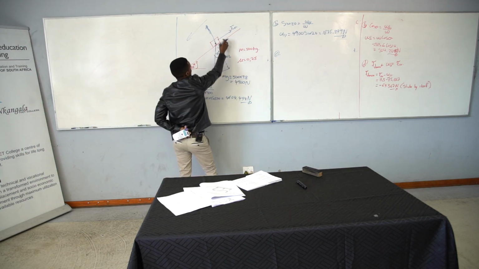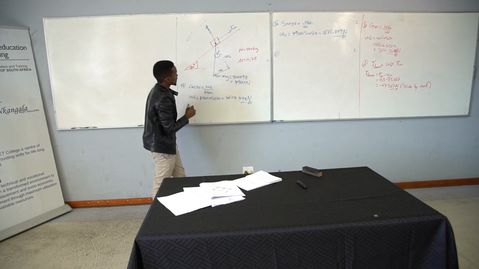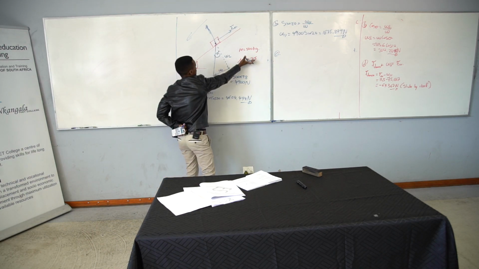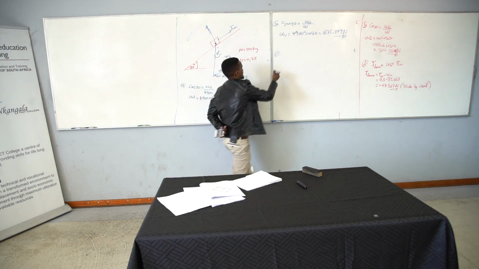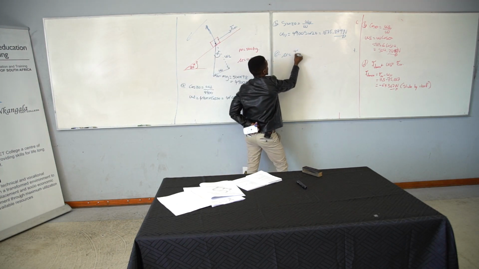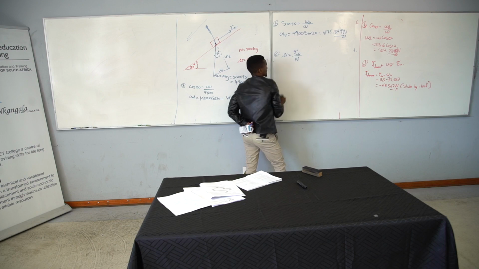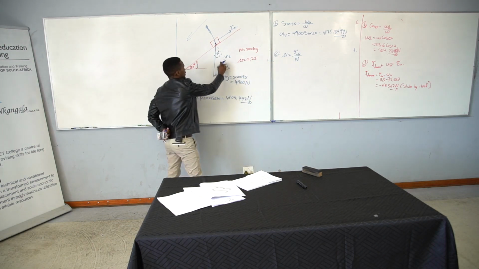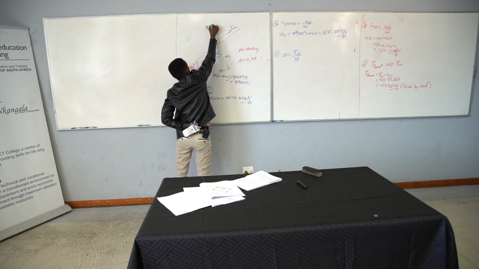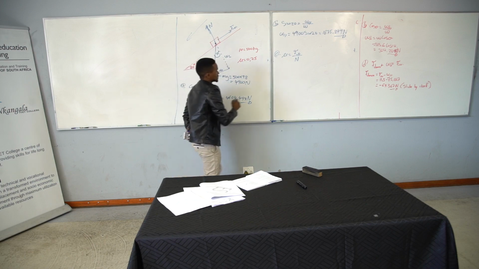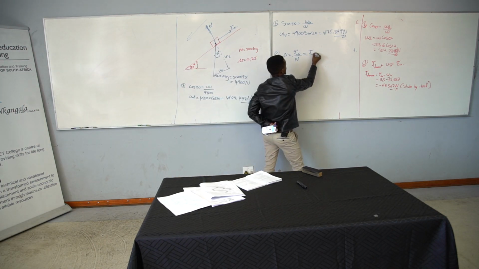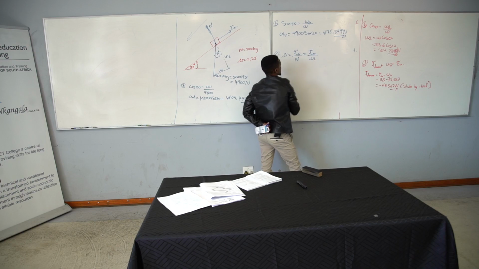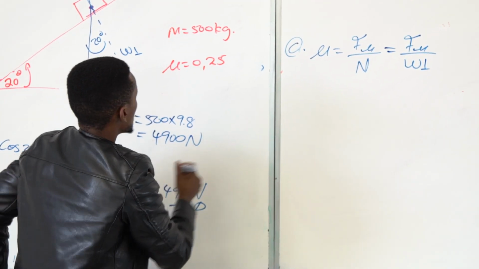Now, we want to calculate our frictional force. We are also given the coefficient of friction. We know that the coefficient of friction is the frictional force divided by the normal force. But on inclines, the normal force is equal to the perpendicular weight, which is the same as saying frictional force divided by the perpendicular weight. Now, we can substitute.